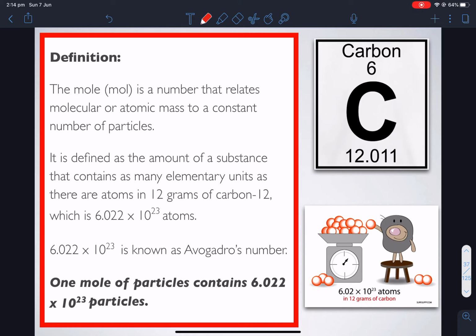It is defined as the amount of a substance that contains as many elementary units as there are atoms in 12 grams of carbon-12, which is 6.022 times 10 to the 23 atoms. 6.022 times 10 to the 23 is known as Avogadro's number. So 1 mole of particles contains 6.022 times 10 to the 23 particles.